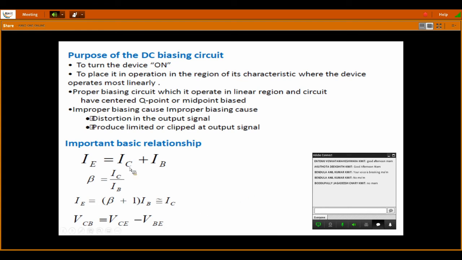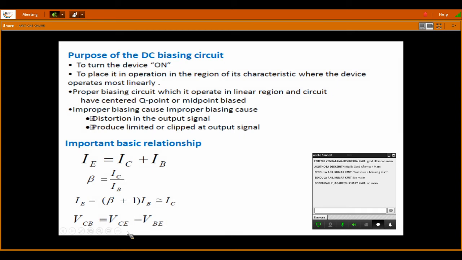Now these are the basic relations of the transistor: IE is equal to IC plus IB, and beta is the amplification factor of the common emitter, which is equal to IC by IB. So IE is equal to (beta plus 1) times IB, which is approximately equal to IC.